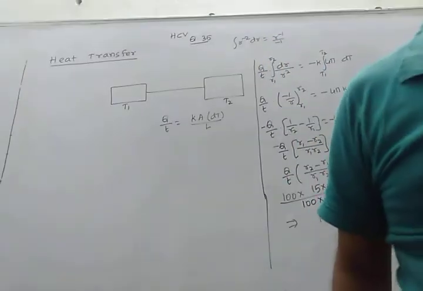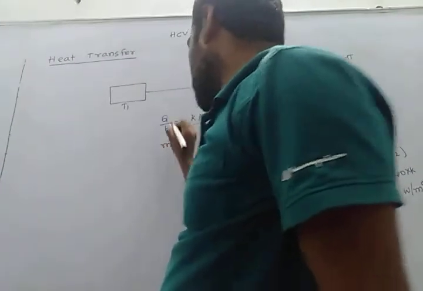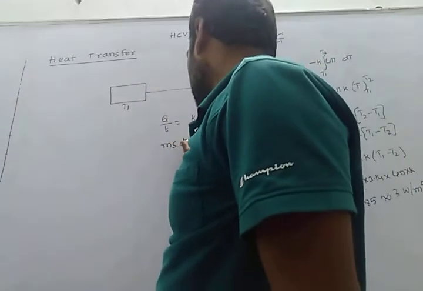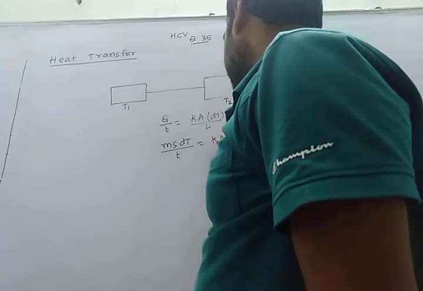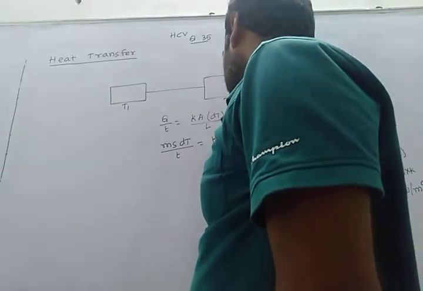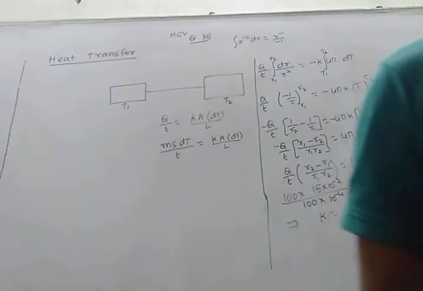Now there is a change in temperature, so I can write q as ms dt by small t is equal to Ka times dt by L.